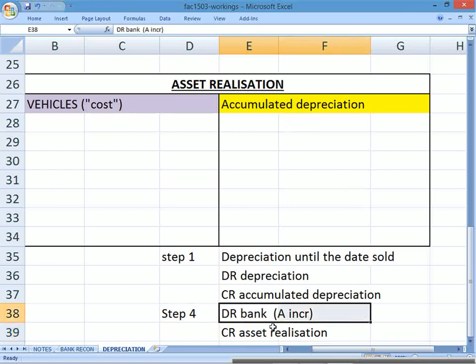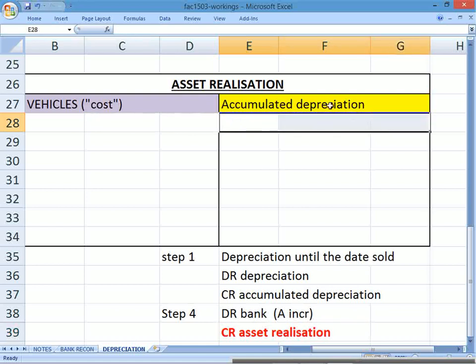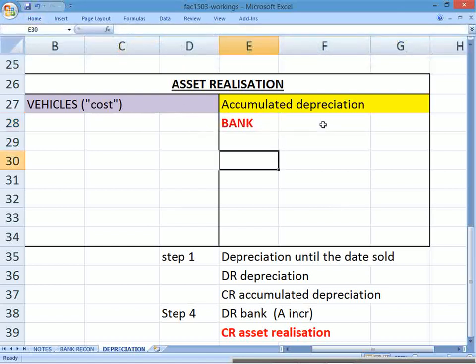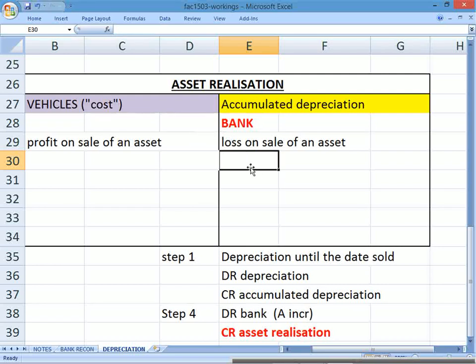Right, so if I'm debiting bank, I'm going to credit the asset realization. Right, and then you'll have either a profit or a loss. Okay, so profit on sale of an asset is going to go on this side. Okay, the loss on sale of an asset will go on that side, depending on what happened.